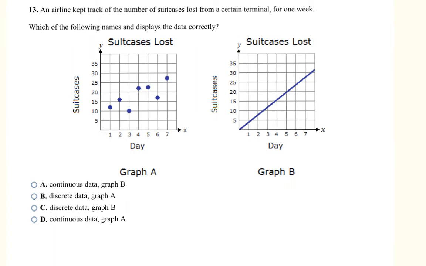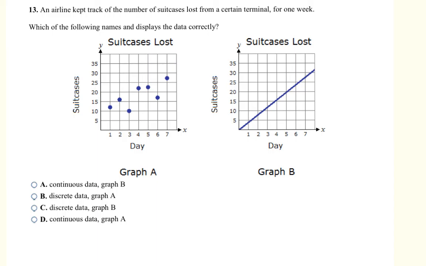This last question says an airline kept track of the number of suitcases lost from a certain terminal for 1 week. Which of the following names and displays the data correctly? So the number of suitcases, you have to think, can I have half a suitcase? Can I have a quarter of a suitcase? Can I lose 1.5 suitcases?